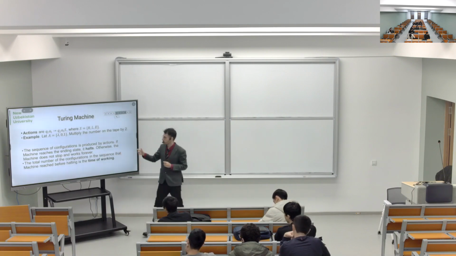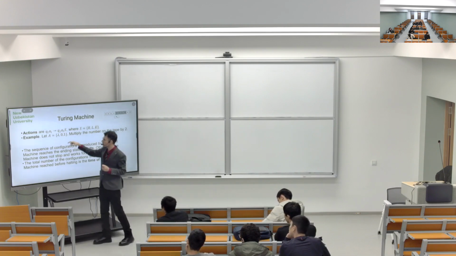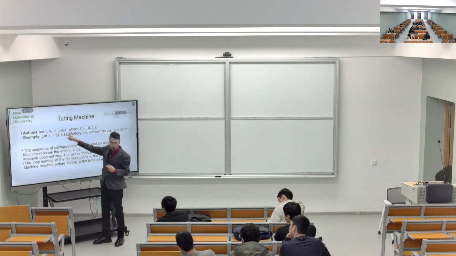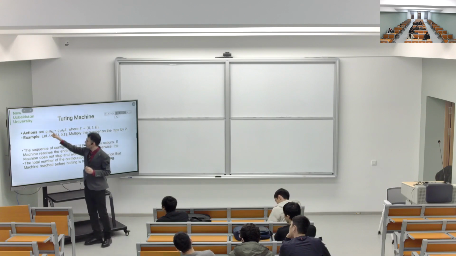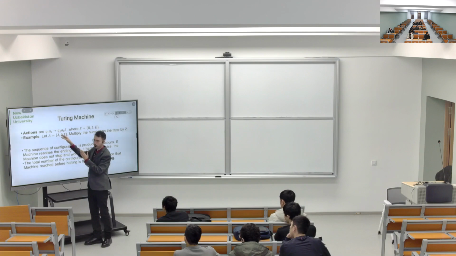The actions I'm talking about are going right, left, or staying in the same place. We write them like this: at state Qi, looking at the symbol Ai, I'm doing the next command. I'm changing to state Qj. It might be the same state.